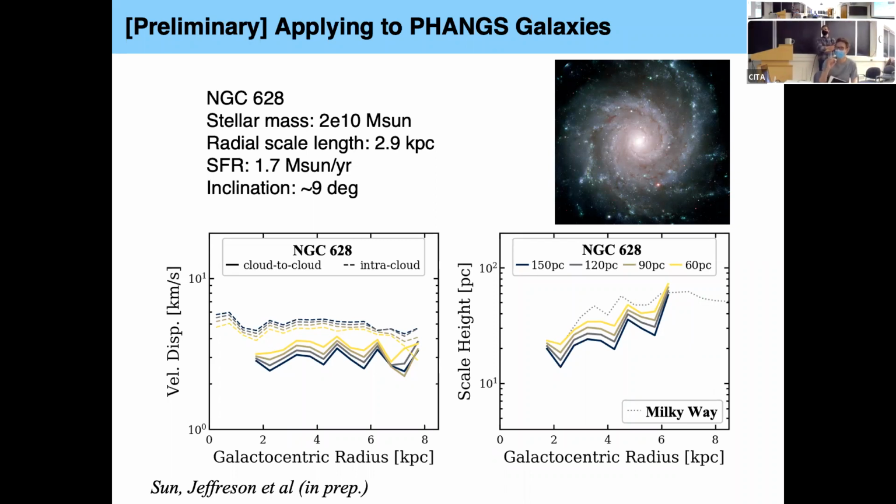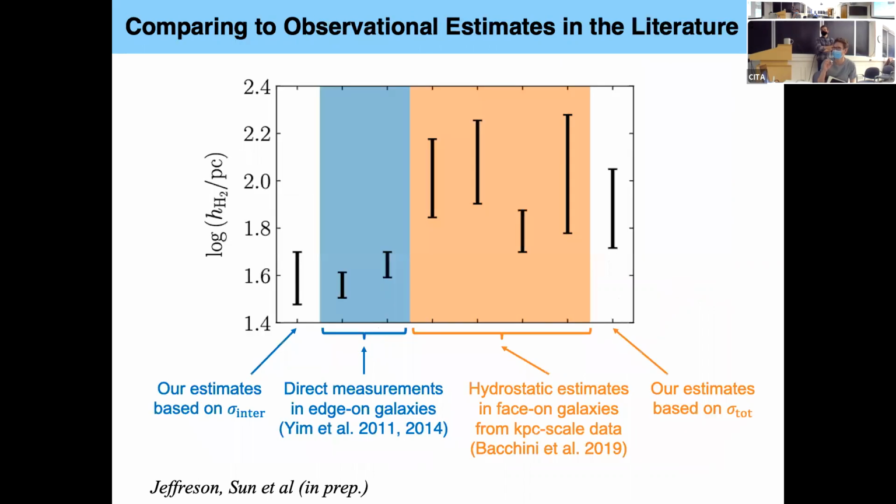I see an interesting parallel between this method to estimate the scale height and what we're doing in the neutral ISM. We do pretty much the same thing, but we see the CNM clouds as well. We measure the inter-velocity dispersion between the CNM clouds.